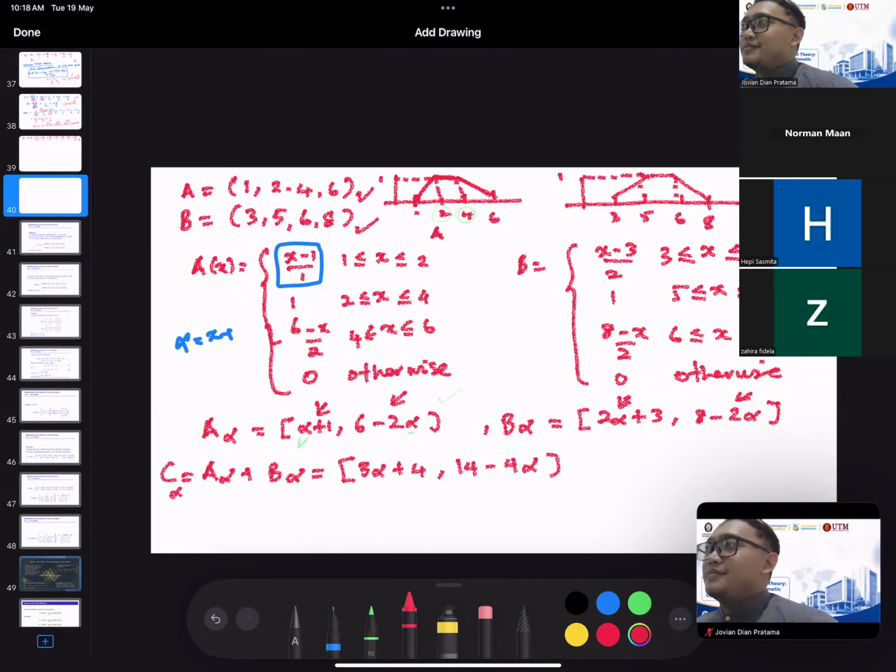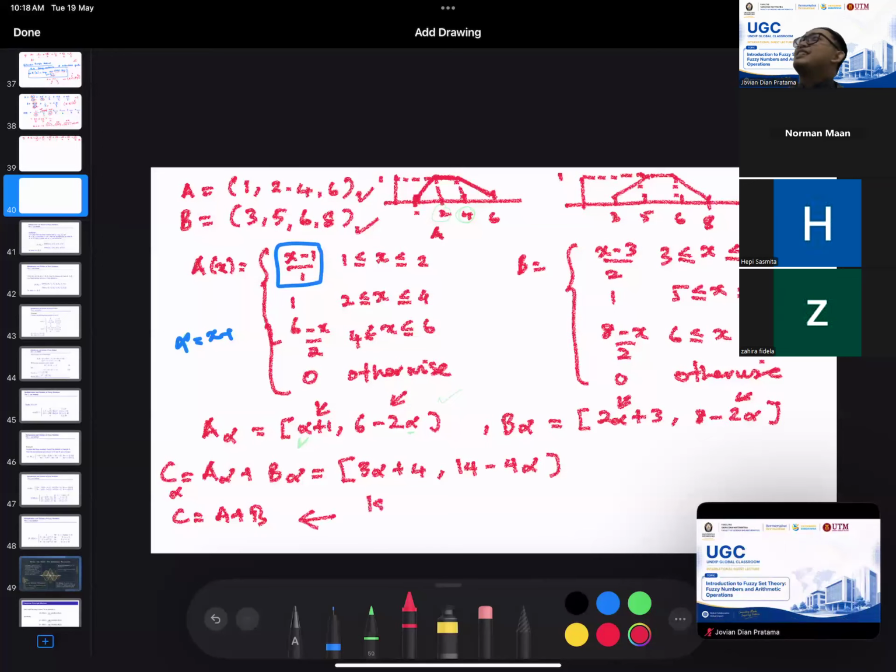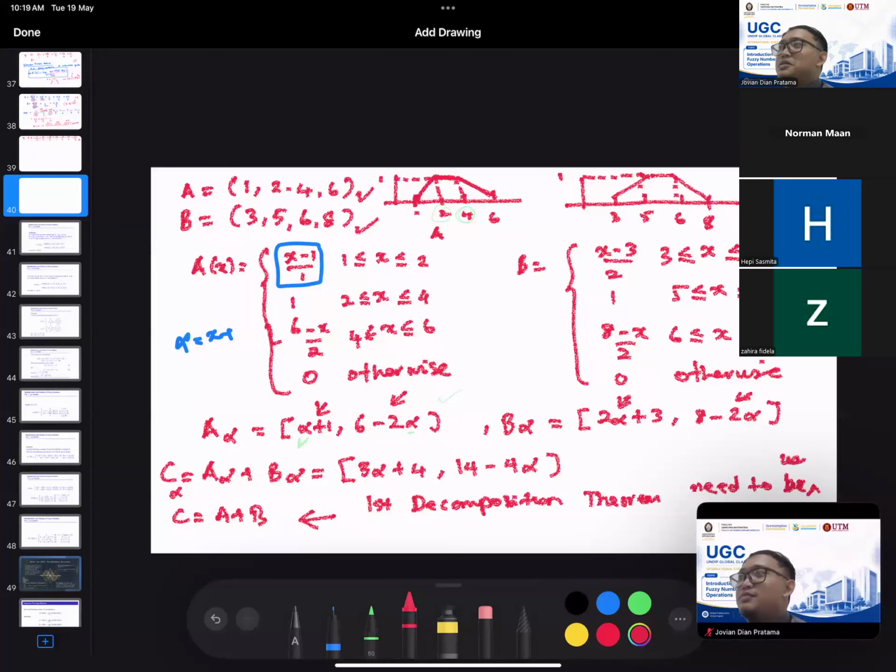If I let my C equal A plus B, so your C will be equal to A plus B. So when you want to get A plus B here, this is the concept of the first decomposition theorem that needs to be applied here.